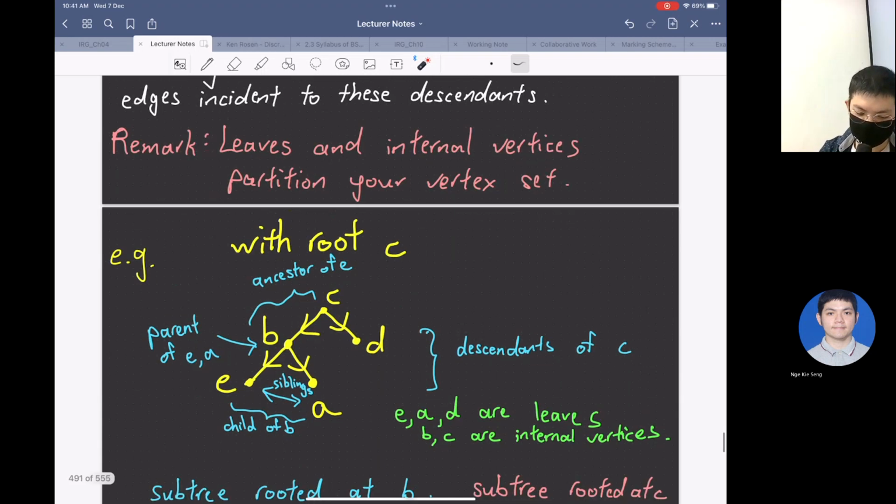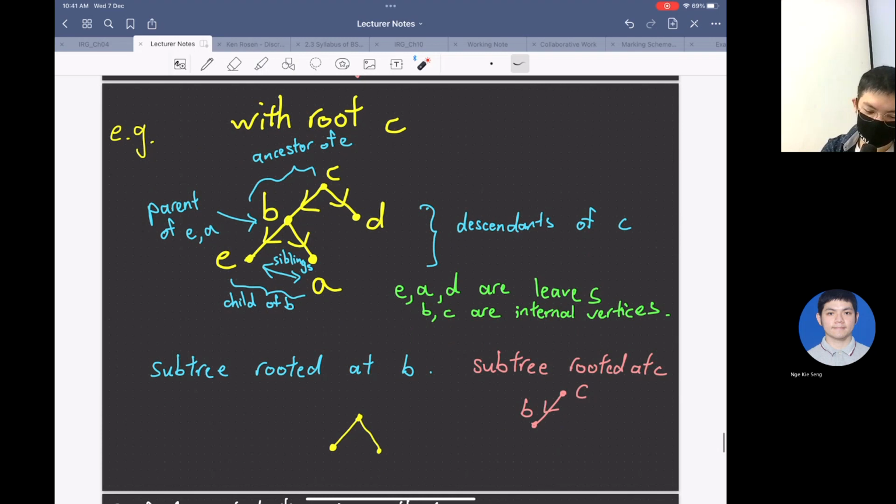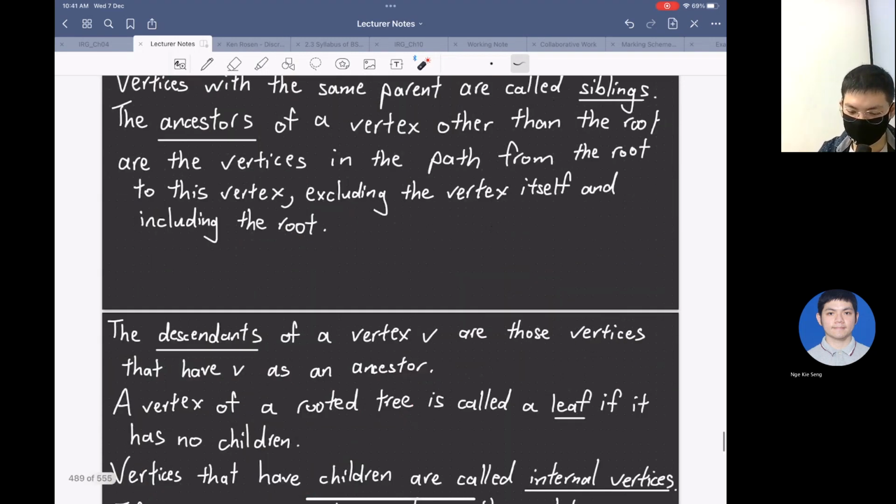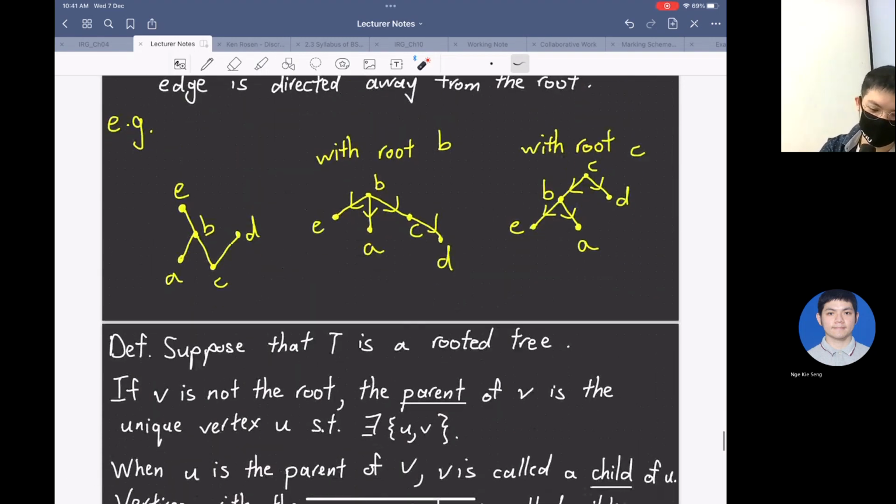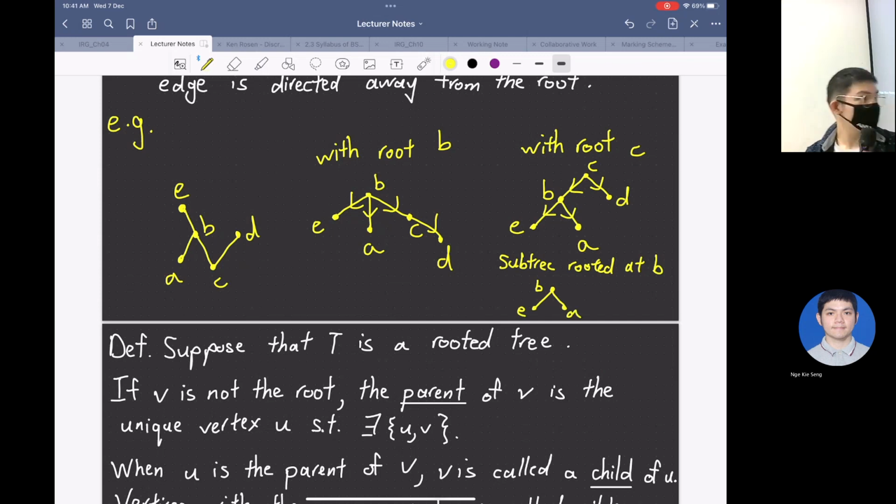So for example, let's look at this again. What's the subtree rooted at B? You need to start from B, and all the descendants you need to include.